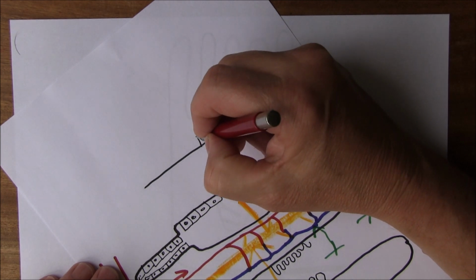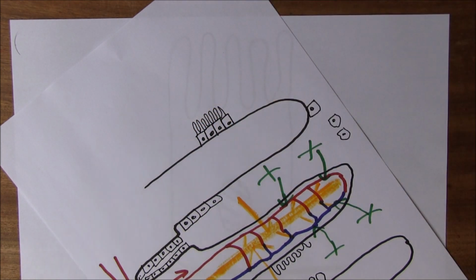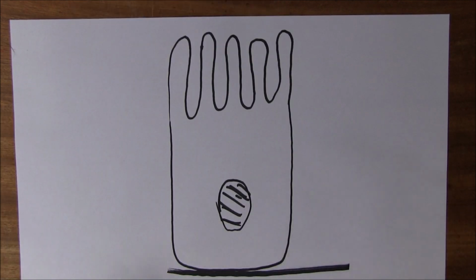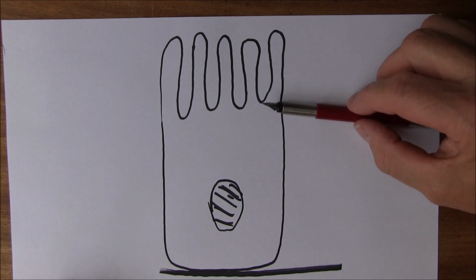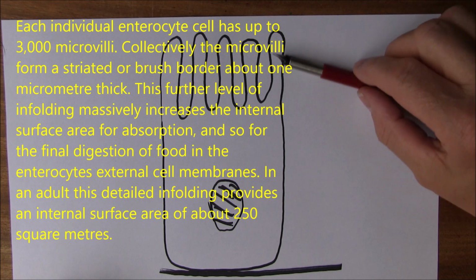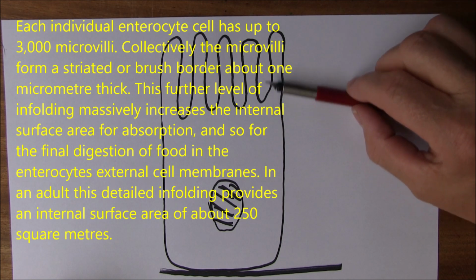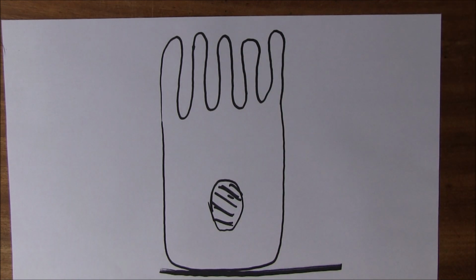So the microvilli are actually coming from here like this. Actually projections of the enterocytes, and here we see it in greater magnification. Now, amazingly, there's up to 3,000 microvilli per cell. So 2,500, 3,000 of these microvilli on the surface of each enterocyte. It's an amazing level of complexity.